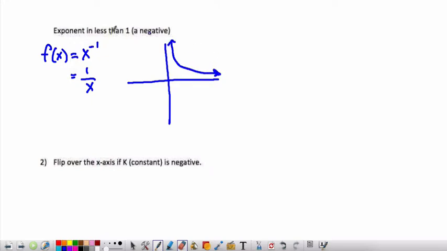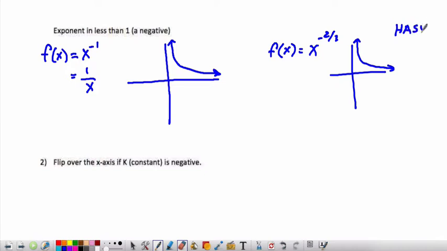So anytime that power is negative, this is the shape we're going to get. Even if it's a fraction greater than 1, a fraction less than 1, that does not matter. If the power is negative, the right side of the graph is going to look like this little swoopy thing, where we have a horizontal asymptote and a vertical asymptote.